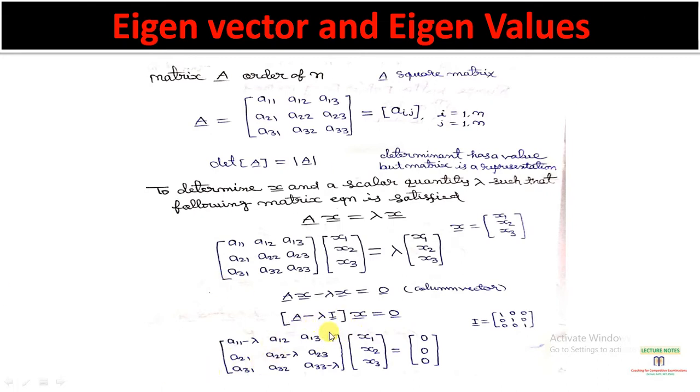This is the standard form to write this in matrix form, and this times x1, x2, x3 equals 0, 0, 0. Now we can convert this into equation form easily by applying some operations.